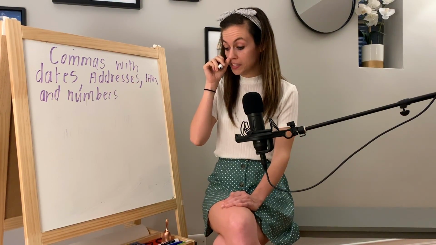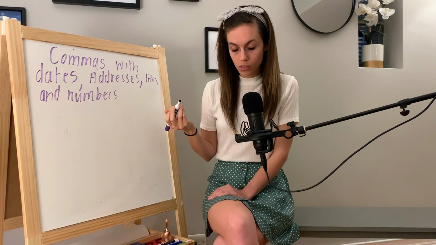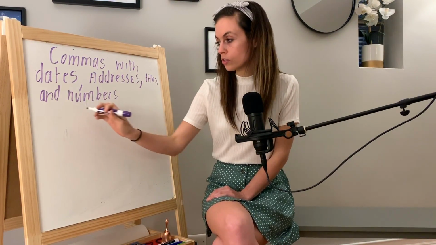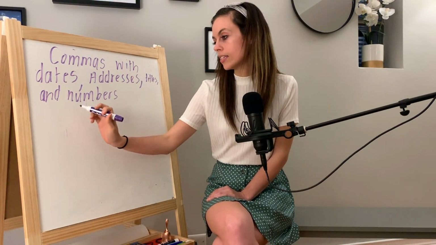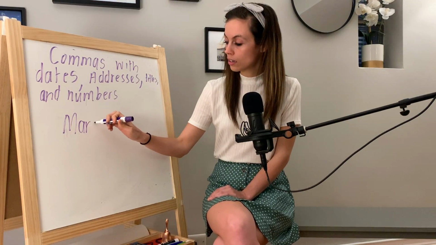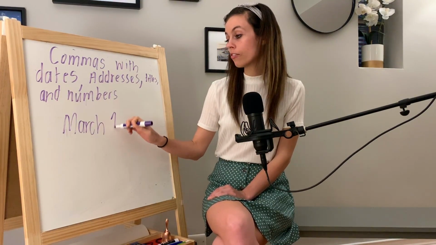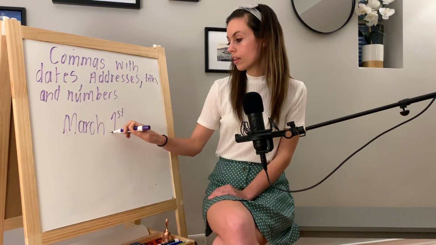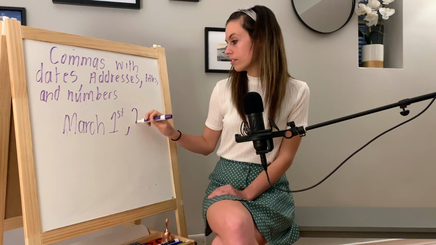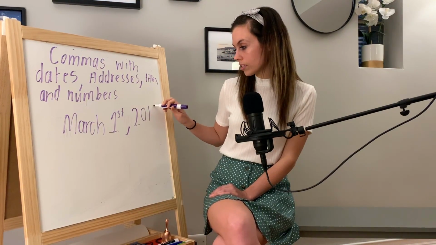So for dates, when you use a comma with dates, if you write your month, let's say that it's March 1st. After the number or the day of the month, you're going to put a comma, and then you can put the year. So you might say March 1st, 2018. Okay?